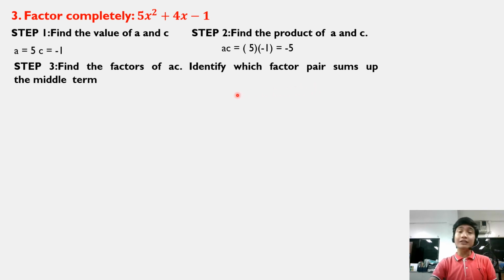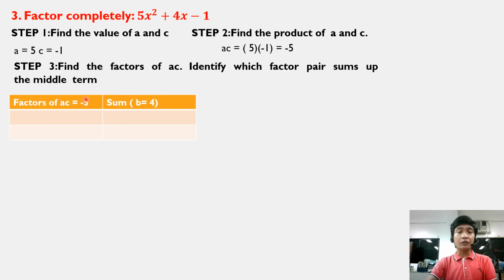So, gagawin po natin dito sa step number 3 is we're going to prepare the product sum table. So, in that case, you will have here factors of AC equals negative 5. Ang sum ay lalagay natin sa right side yung mga sum nila. But in particular with B equals 4. Now, ano-ano po yung mga factors or combinations ng numbers o pares ng number na pagka pinag-multiply natin, lalabas negative 5.